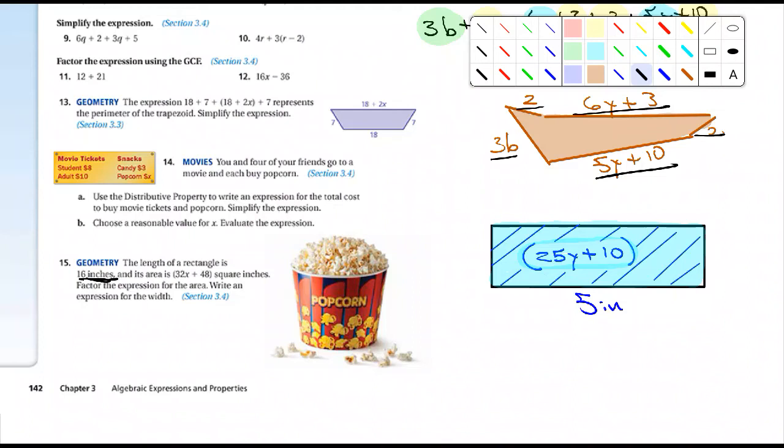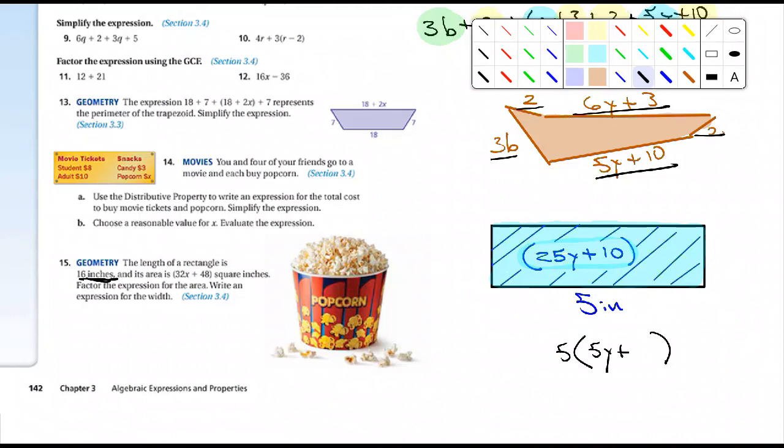So the first thing I'm going to ask myself, I'm going to put in parentheses here, what times 5 equals 25? 5. And what variable is there? Y. And then it's a plus. And then what times 5 equals 10? 2. And so I'll put a 2 right there.